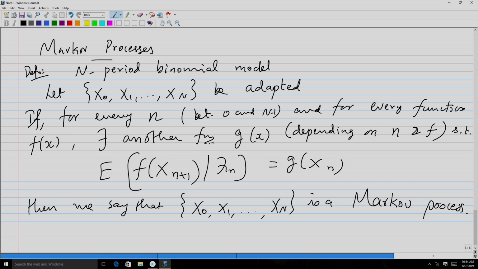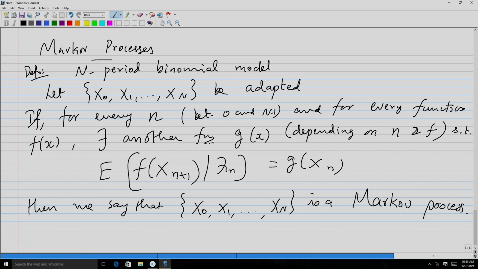So, we are essentially saying that to describe the evolution of the process from n to n plus 1, all the information required from the past is the current state of the process, which is given by x n. F n is the complete information, and x n is the value of the process at time n.